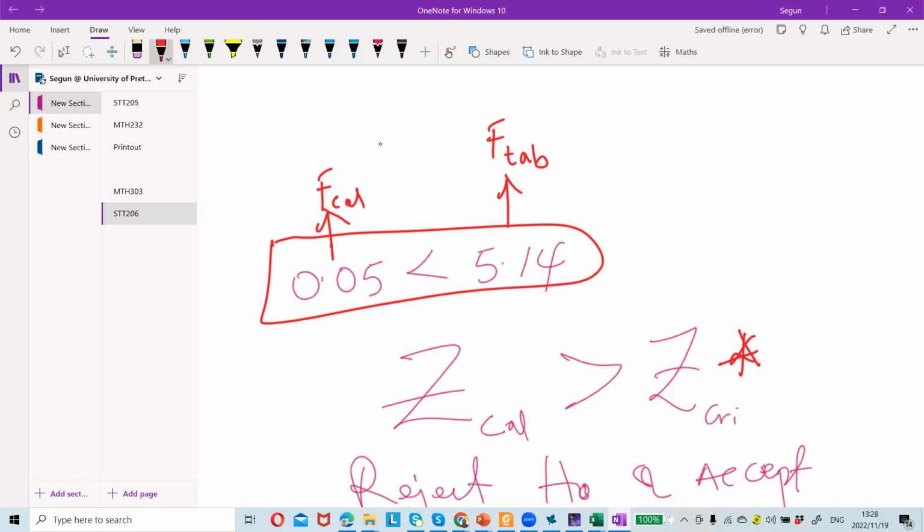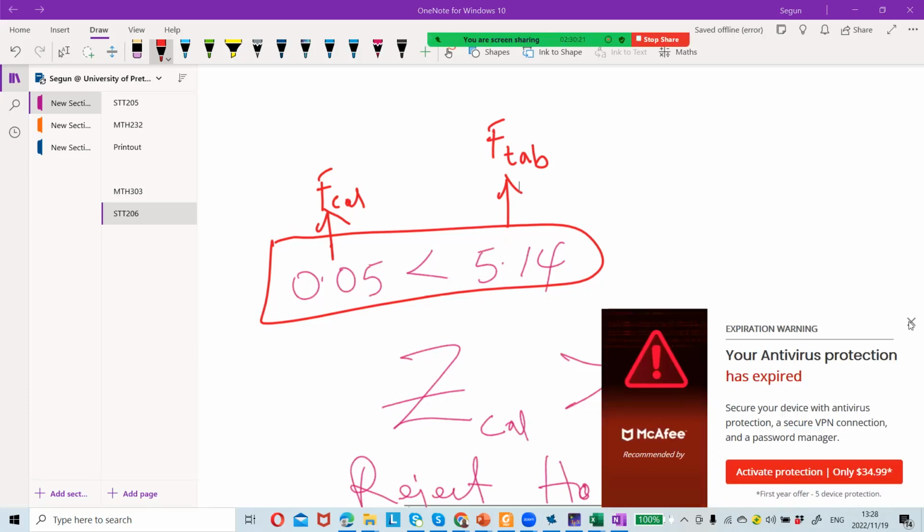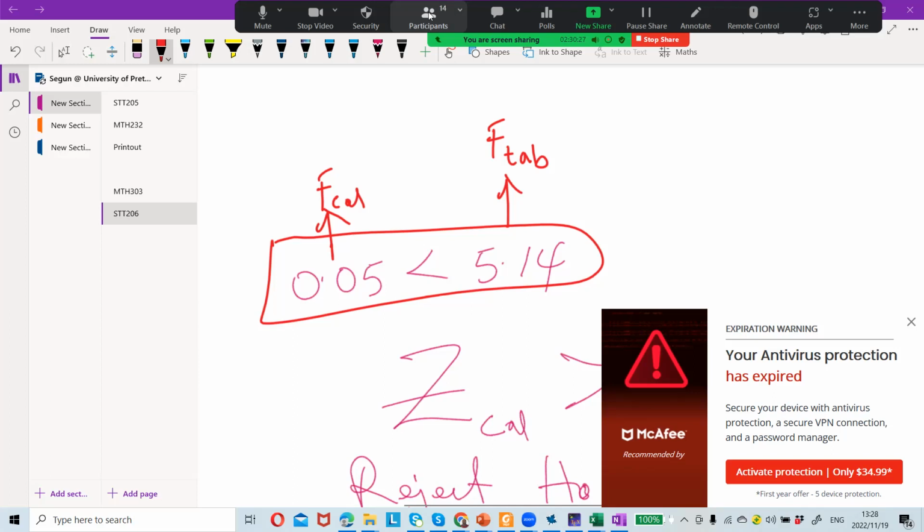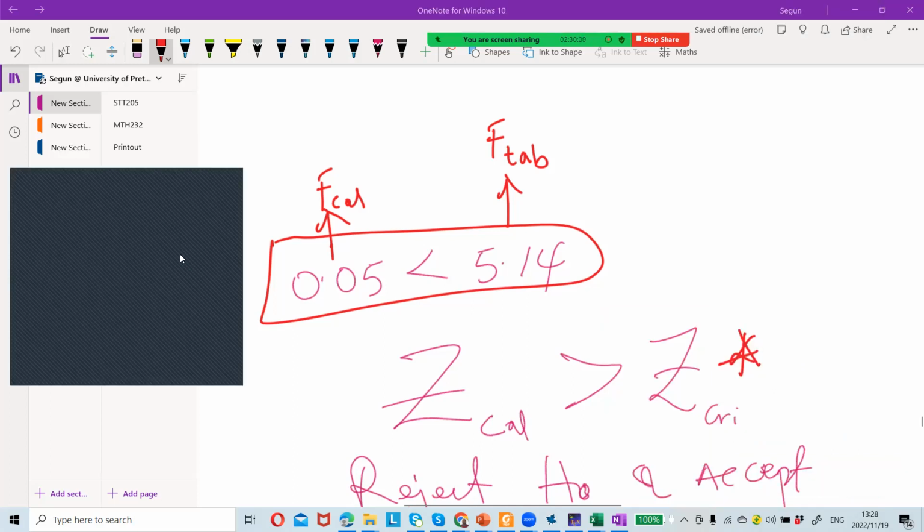Now, which one is low? F calculated. Calculated is less than F tabulated.